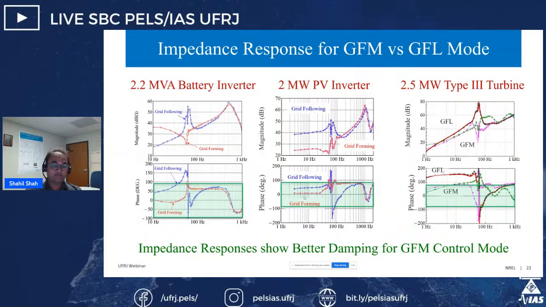So I'm not saying that grid forming will never have a negative damping or a negative resistance behavior, but at most frequencies it will have a positive damping, and it will help in the system damping or system stability. The same as we saw even for the 14 bus system example in PSCAD.